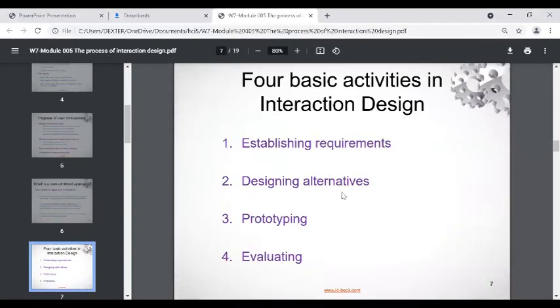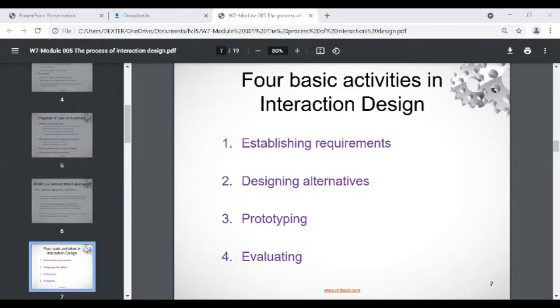Then we have the four basic activities in interaction design: establishing requirements, designing alternatives, prototyping, and evaluating. Again, these are the four basic activities for iterative design.